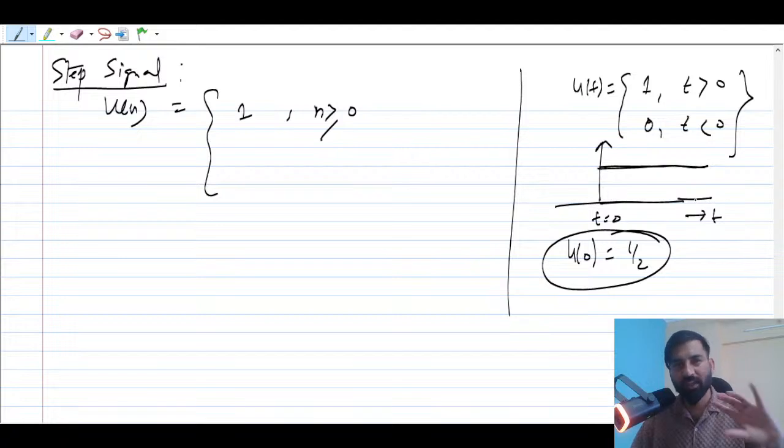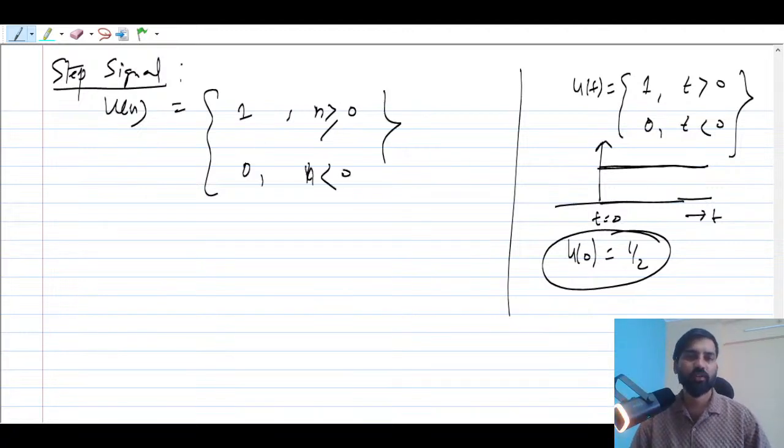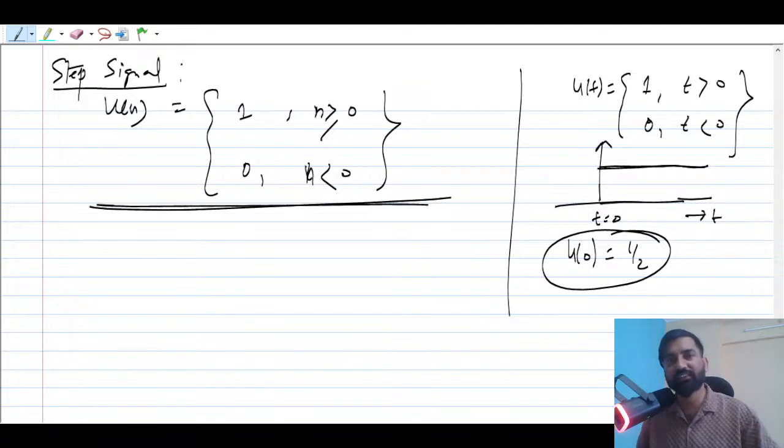In signals, the math and the signal become a little different, right? Sometimes we have to understand that. So this will be 0 for n less than 0, meaning for all negative integers the unit step is 0.